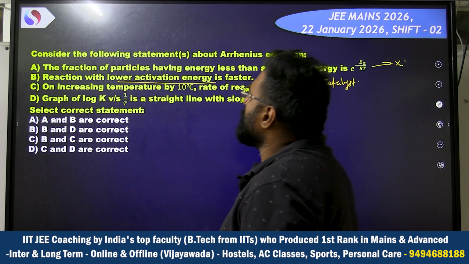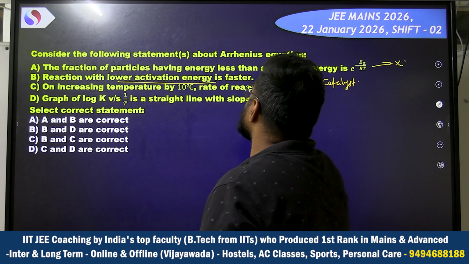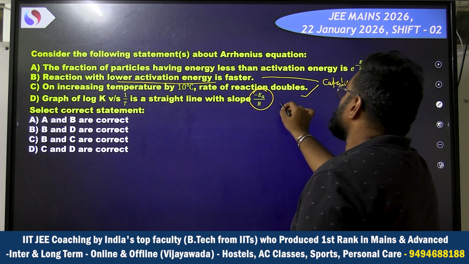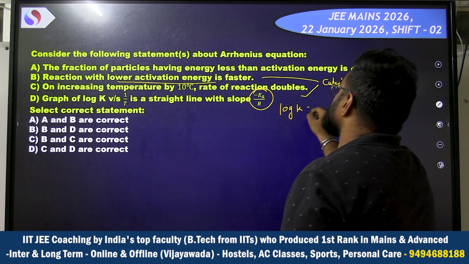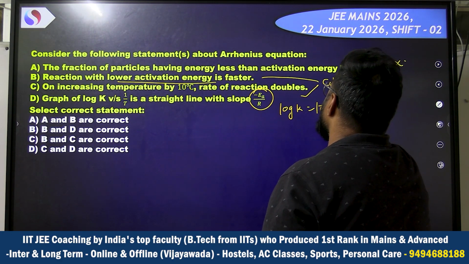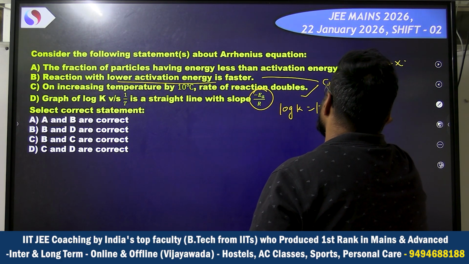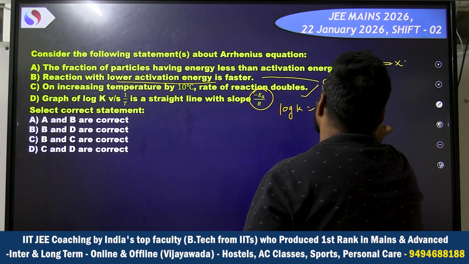The graph of log K versus T is a straight line with respect to slope. No. We have just seen the equation log K is equal to log A minus EA by 2.303 RT.